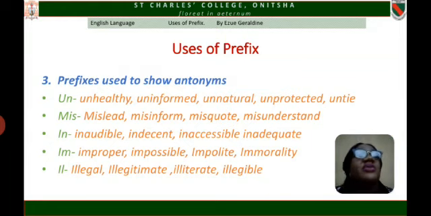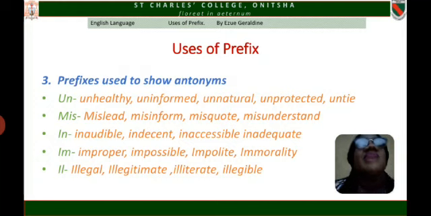We have un: if healthy is the word, then unhealthy becomes the opposite of healthy. Natural, unnatural. Tie, untie. If you tie a goat and some other person does otherwise, he unties the goat. That is what we mean by using prefixes to form antonyms.